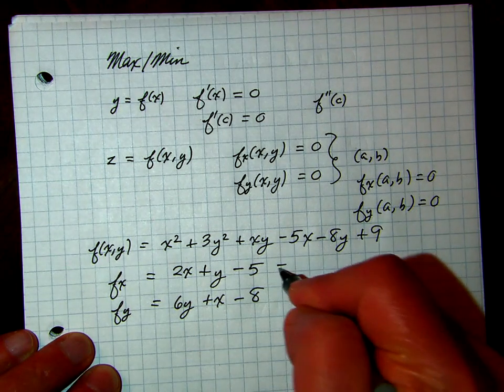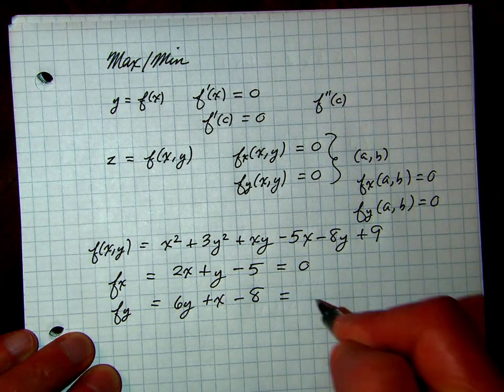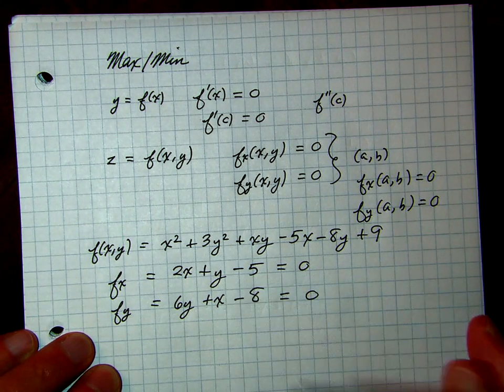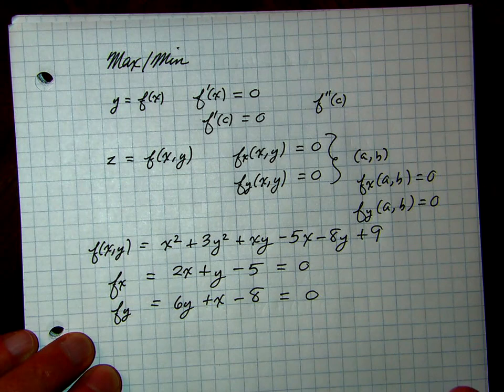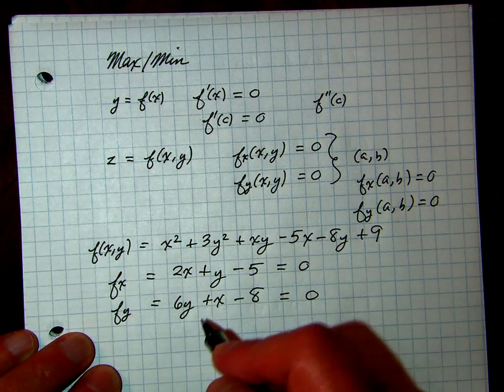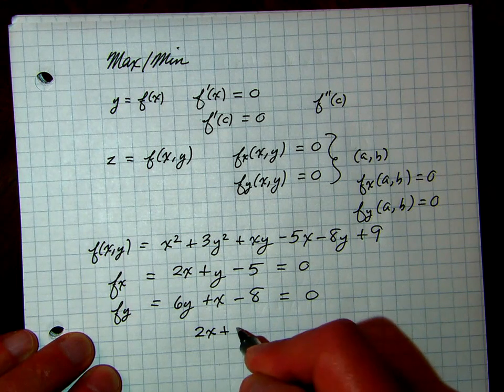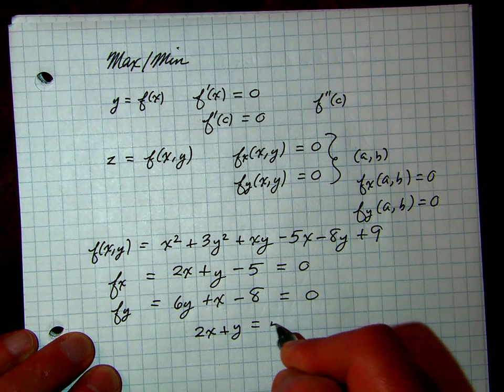And remember, we want to set both of these equal to 0 because we need both of these first partials to be 0 simultaneously to provide us with a critical point. By the way, if you rewrite these slightly, you have 2x plus y equals 5.